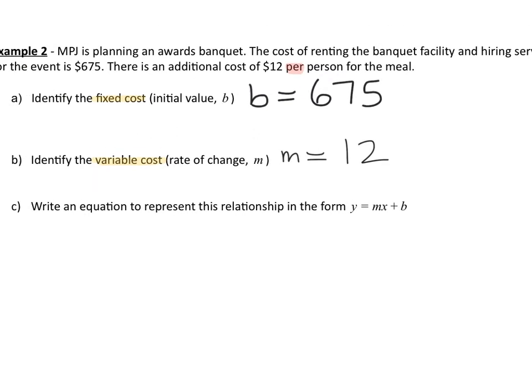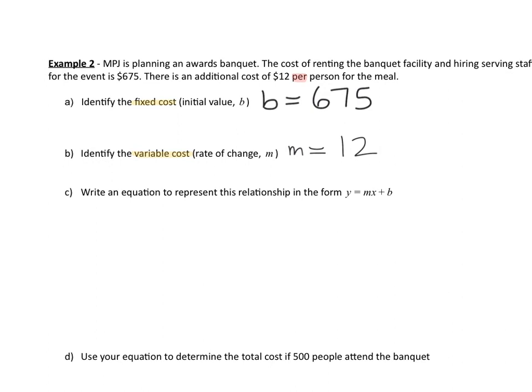So now that we know those values, we can go ahead and write an equation to represent the relationship described in this question. Now, I'm going to be a little bit fancy. I don't want to use the letters X and Y just because this is a very specific question and there is an actual situation that's happening here.